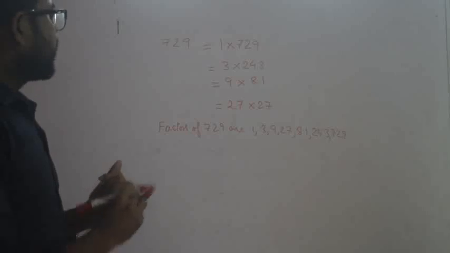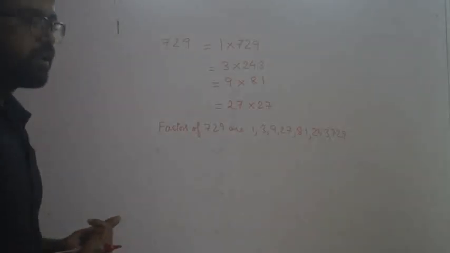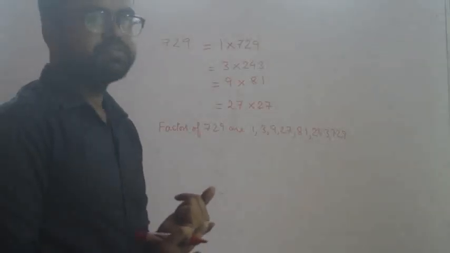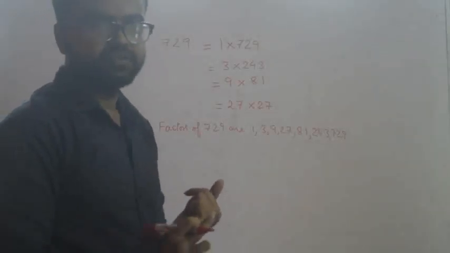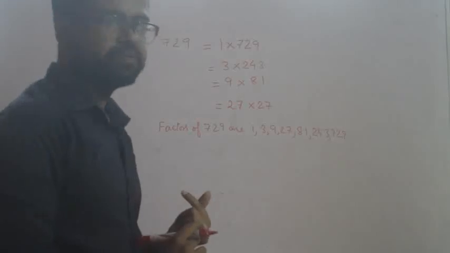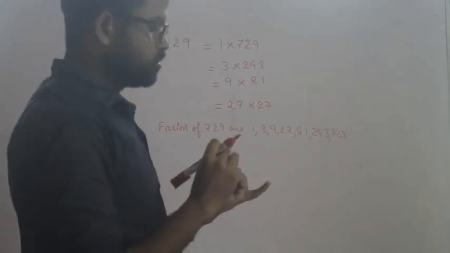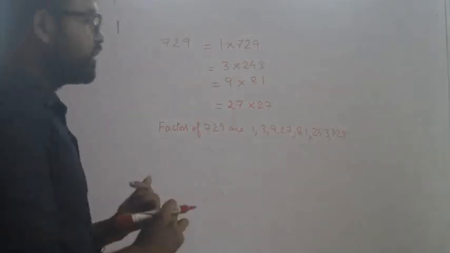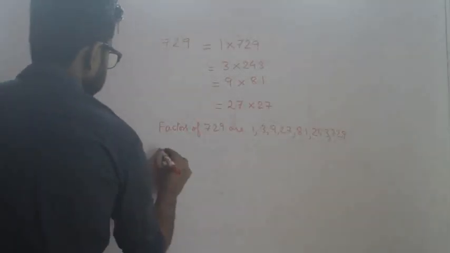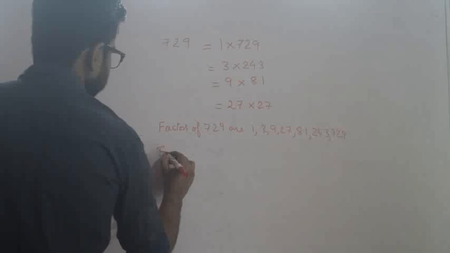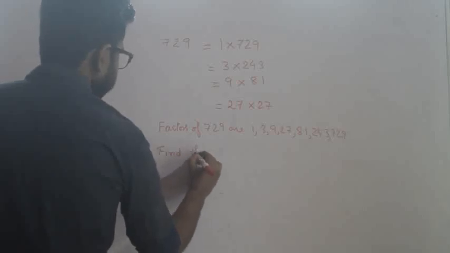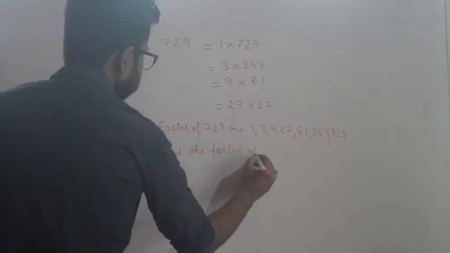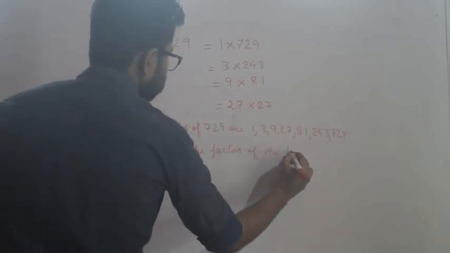Okay? And why I have discussed this to find the factors of a number, because in the coming videos we will discuss HCF and LCM. So there we will use the concept of this one. So till then, you can try practicing to find the factors of the following numbers.